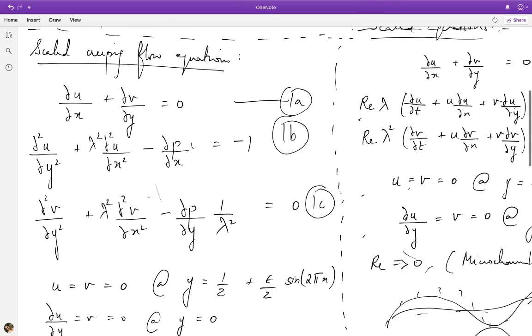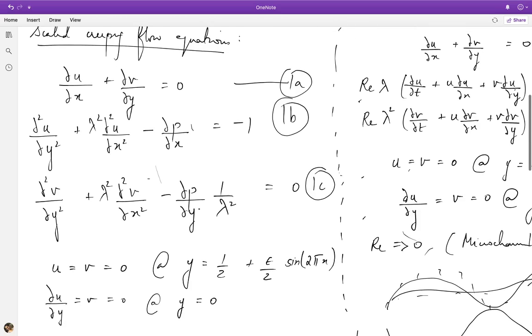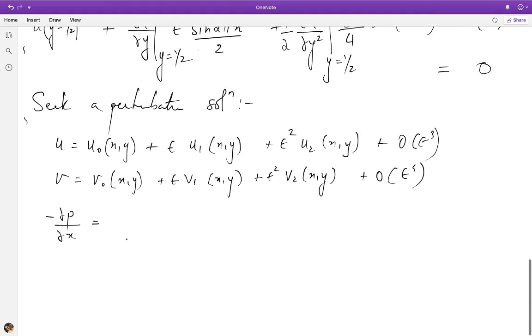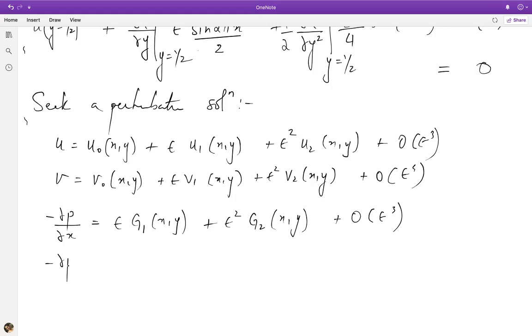So I know that these pressure gradients dp dx, dp dy are all order epsilon, because they will go to 0 if epsilon is 0. So I can directly write that this is epsilon g1 as a function of x comma y, the unknown pressure gradient in x, and similarly in the y direction.